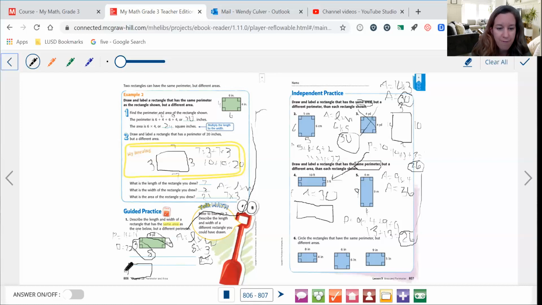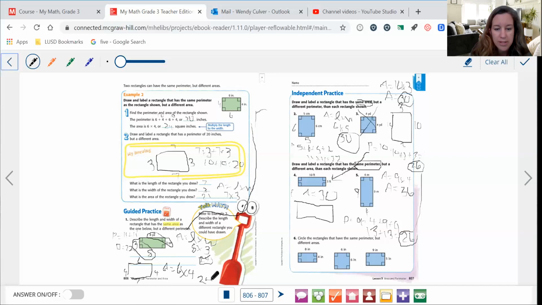So if I have 4 as my width and 6 as my length, that means this side is 4 and this side is 6. The area of my new rectangle that I just drew is going to be 6, that's my length, times 4, that is my width. And 6 times 4 is 24.